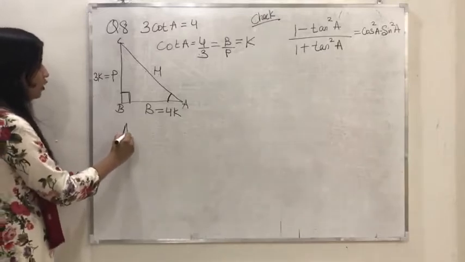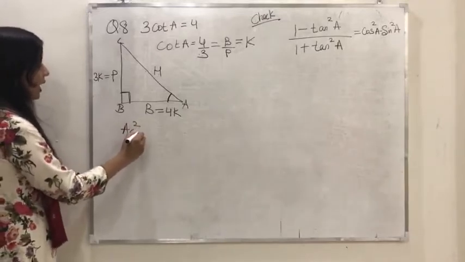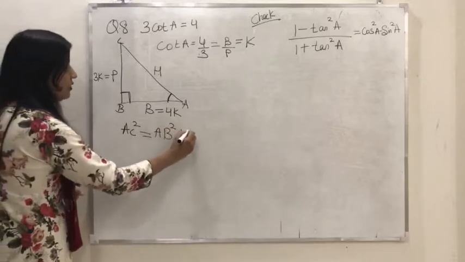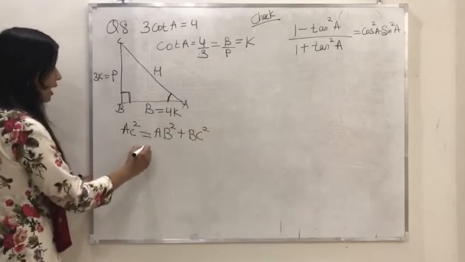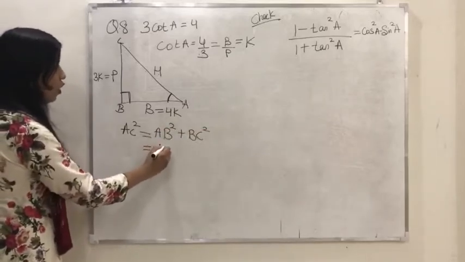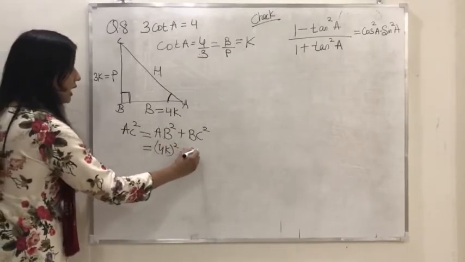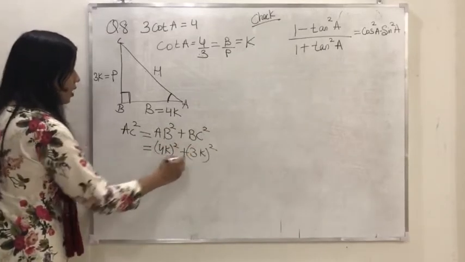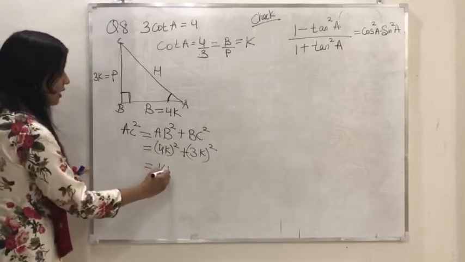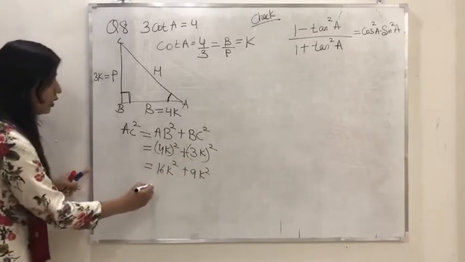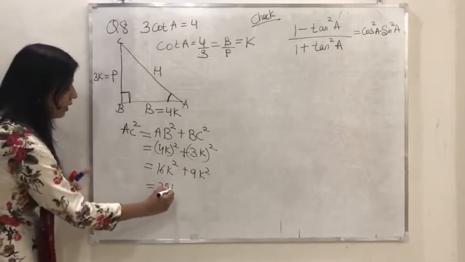According to the Pythagoras theorem, AC square is equal to AB square plus BC square. So AB is 4k square and BC is 3k square. So it will be 16k square plus 9k square, which is 25k square.